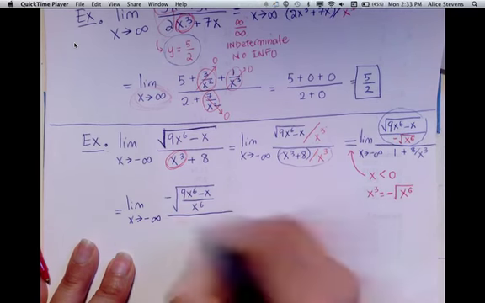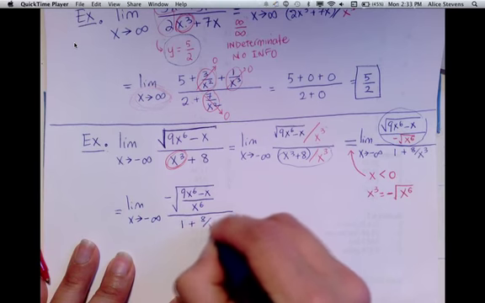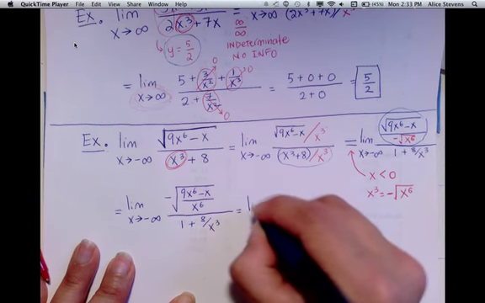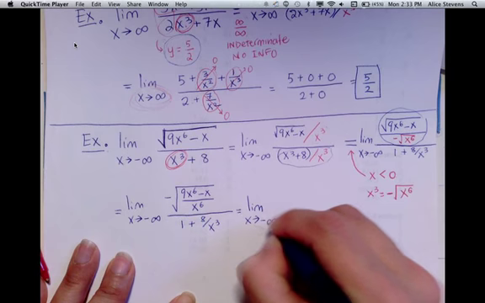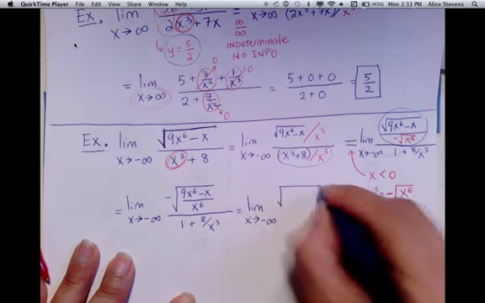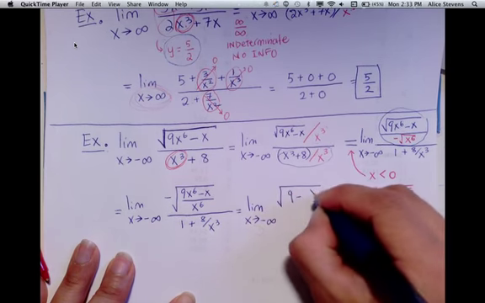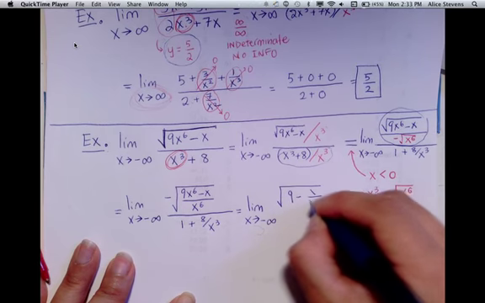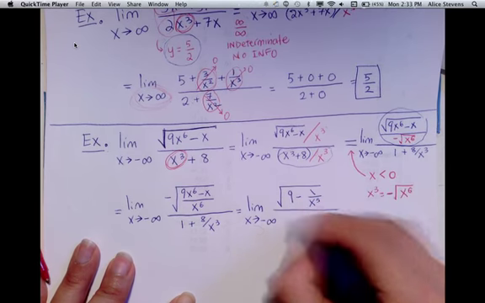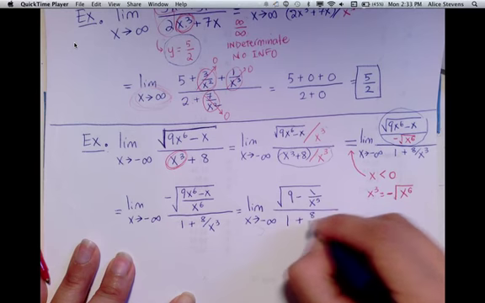And my denominator is the same. Now I can simplify inside the square root, and I have 9 minus 1 over x to the 5th, over 1 plus 8 over x cubed.